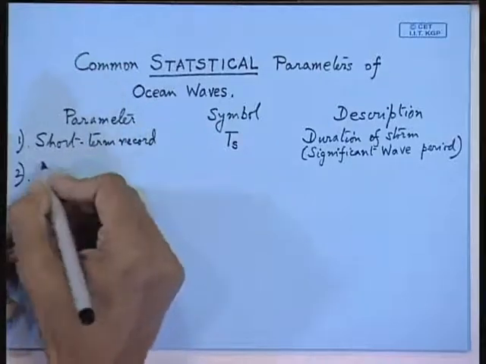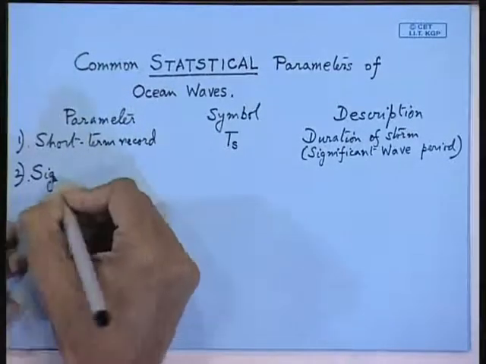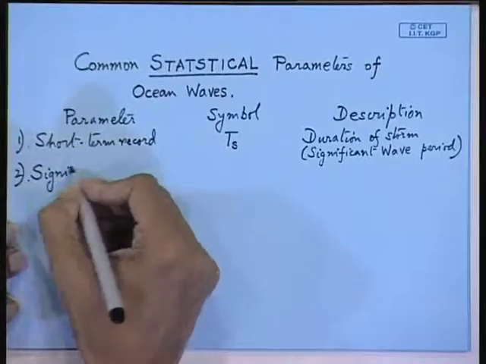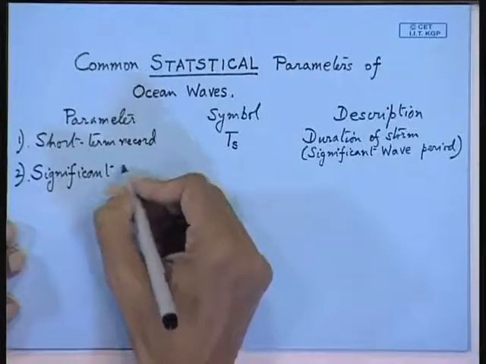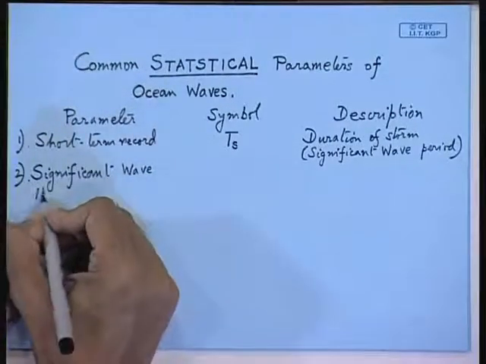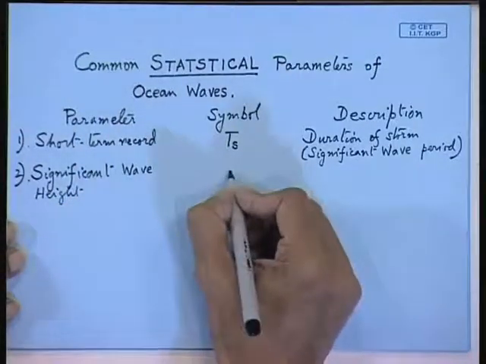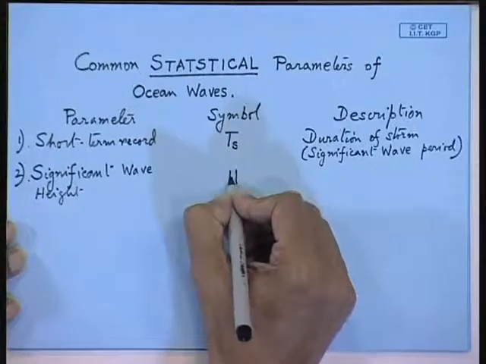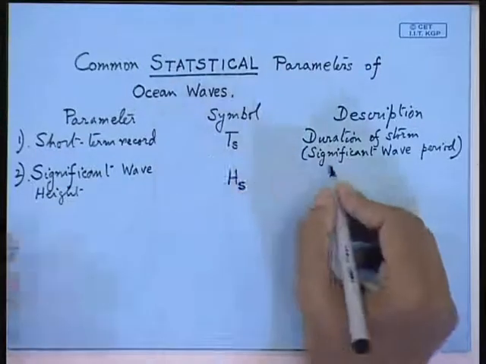So, next to this is your significant wave height. This is denoted by HS. Commonly you will find these coming in your oceanography class, this HS and TS.